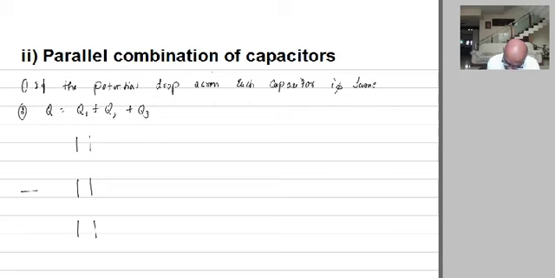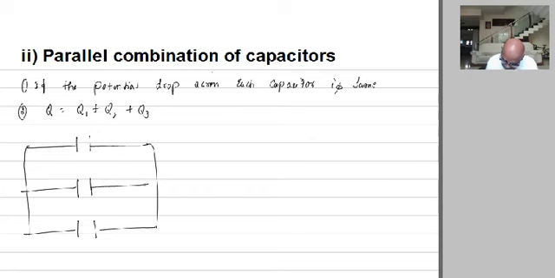Now see that these are the leads for connection. Now the left plate of all the capacitors you join, the right plate of all the capacitors again you join, you connect by a connecting wire. Now make it common.